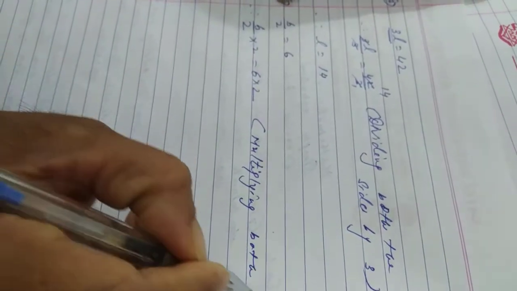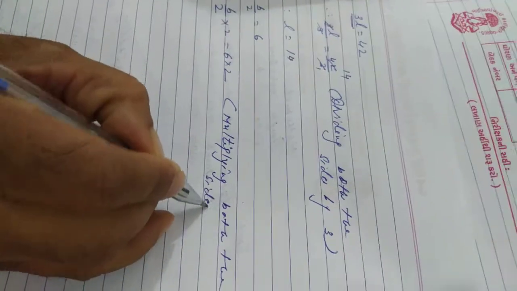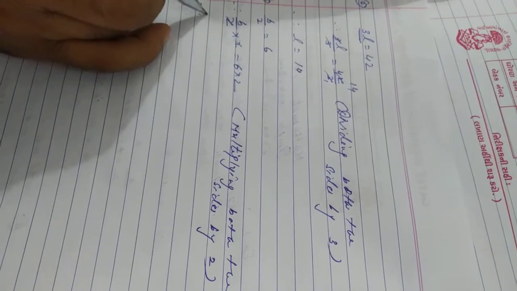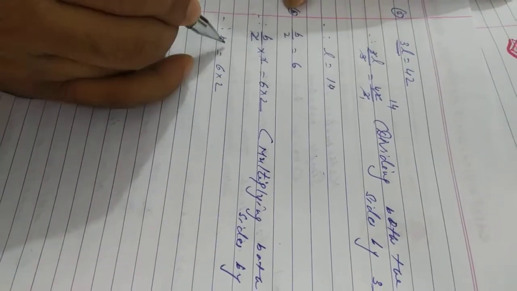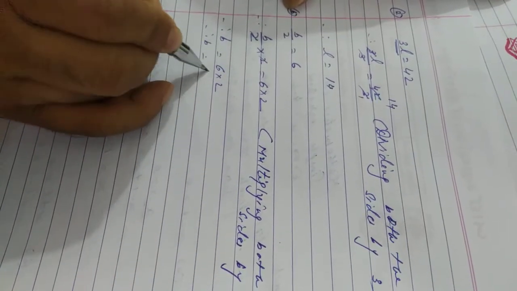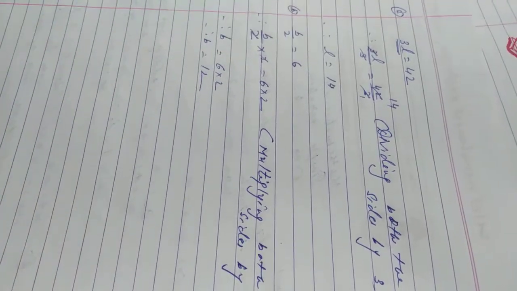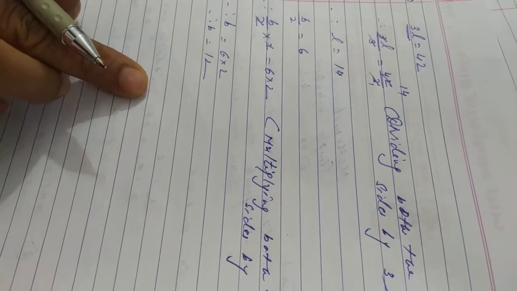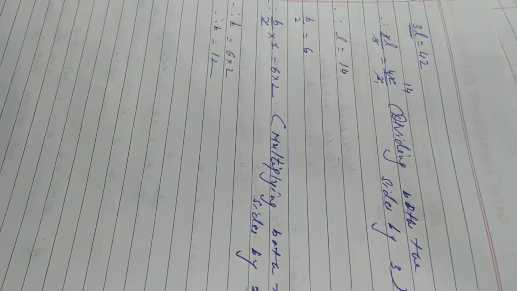So 2 is cancelled. Therefore b is equal to 6 multiply 2. Therefore b is equal to 12, right? So we can say this is the solution of the given equation.